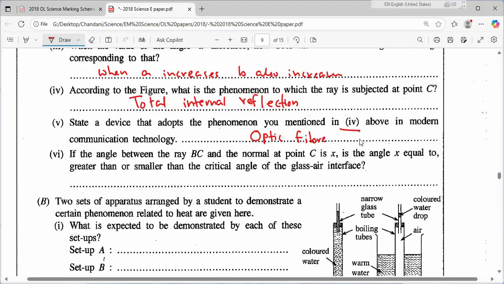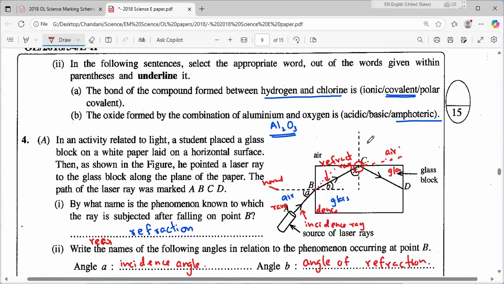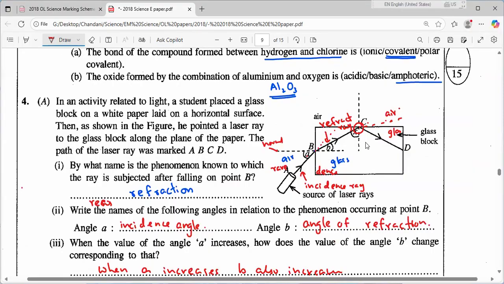The angle between the ray BC and the normal, x: is it greater than or smaller than the critical angle? Now if it is equal to the critical angle, I think you can remember it moves along the surface like this, right?